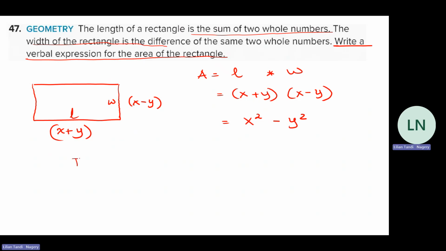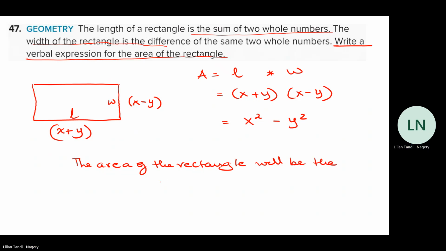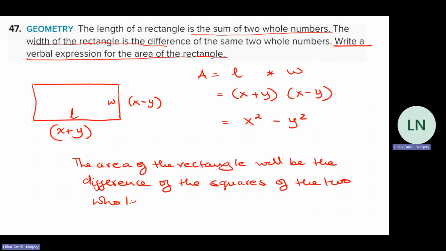The area of the rectangle will be the difference of the squares of the two whole numbers.